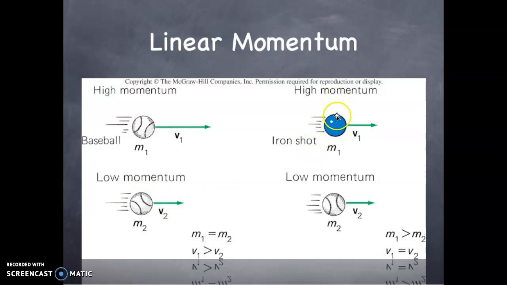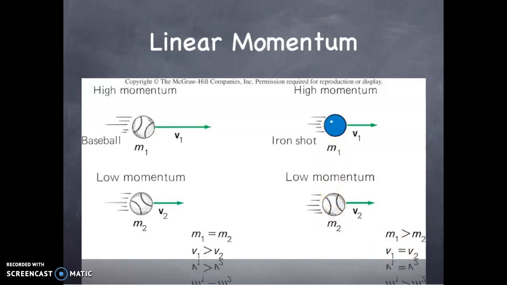Consider this situation on this side. Now, M1 has a mass greater than M2. It is an iron shot. They're both now going to move at the same speed. V1 is going to be equal to V2 in this case, but still the momentum is higher in the top versus the bottom.